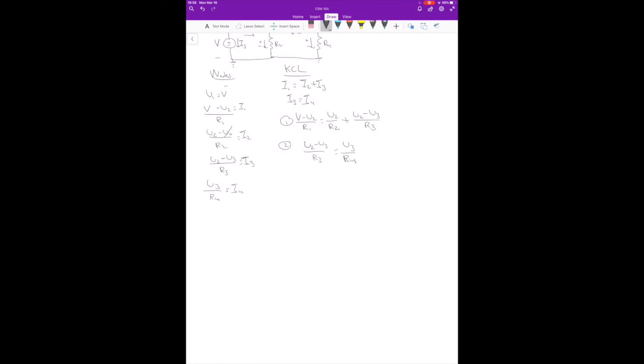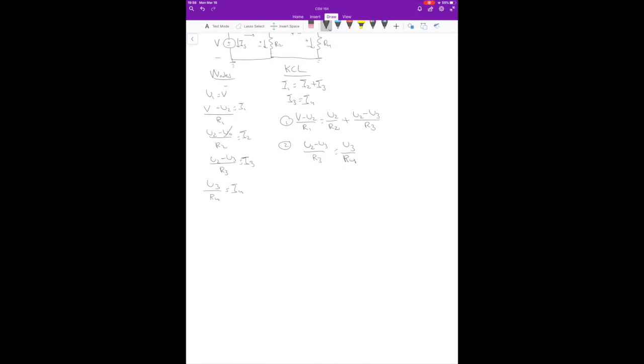The way I'll try to do this is simplify both of these equations until we can solve them. You'll notice that we only really need both of these because we're solving for two unknowns, U2 and U3, and we have two equations. Gaussian elimination probably drilled into you that if you have two linearly independent equations, you can solve for two variables.